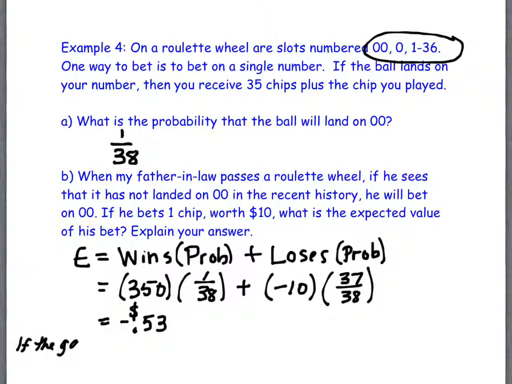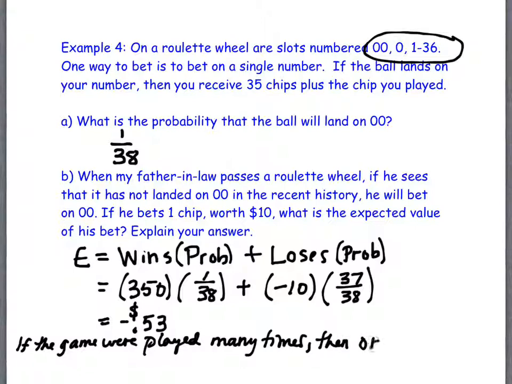If the game were played many times, then on average, sometimes we would probably win occasionally if we played the game enough times. Agreed? I mean, everybody gets lucky sometimes, right?